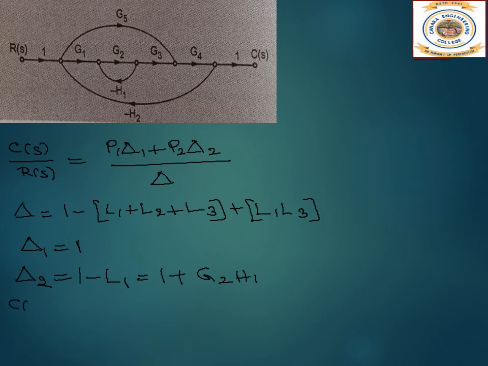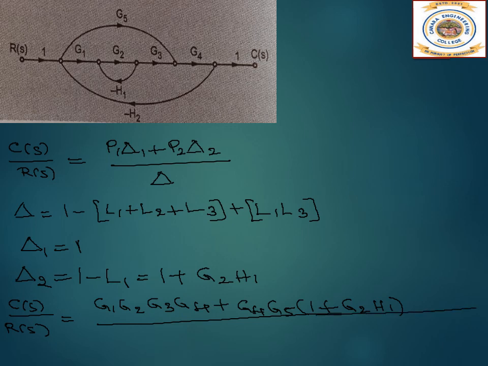Now let us write C of S by R of S. In the numerator we have P1, which is G1, G2, G3, G4, into delta 1, which is 1, plus the P2 path, which is G4, G5, into delta 2. What is delta 2? 1 plus G2H1. So the whole is divided by delta. It is 1 minus, which will become plus because all the loops are negative there.